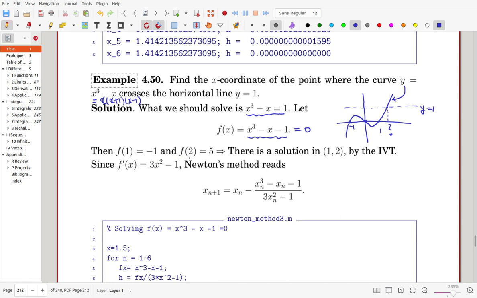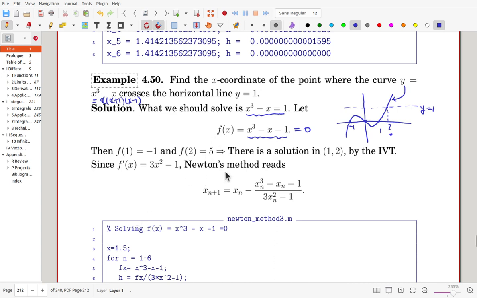Once the point is 2, then the value is 5. So by using the intermediate value theorem, we know that the solution is between 1 and 2. So we start with 1.5.